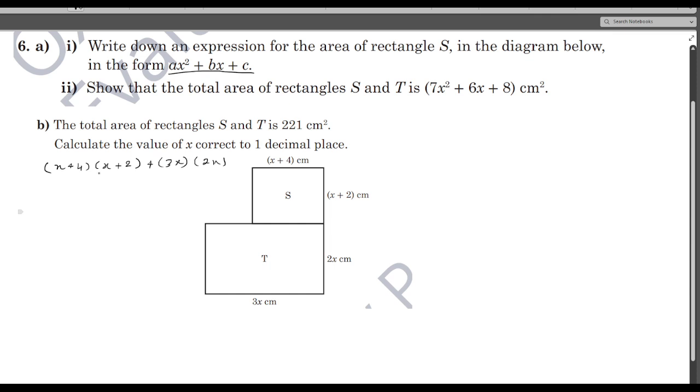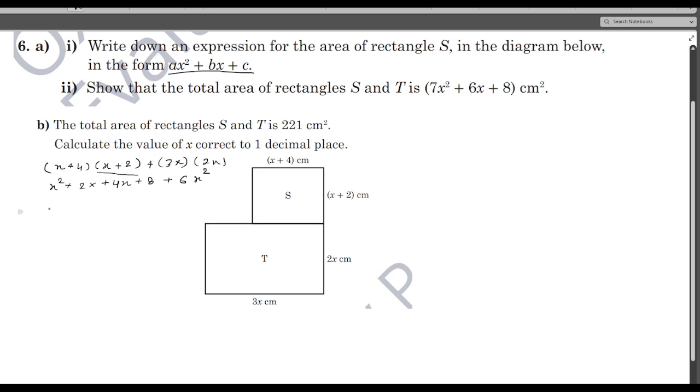So x plus 4 multiplied by x plus 2 will give me x square. So x I'm multiplying first with x plus 2, so x square plus 2x, and then 4 we multiply by x plus 2, so it is 4x plus 8, and here 3x multiplied by 2x, so 3 times 2 is 6, and x times x is x square. Okay, so this is the expression for area.